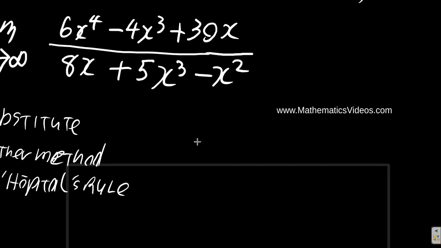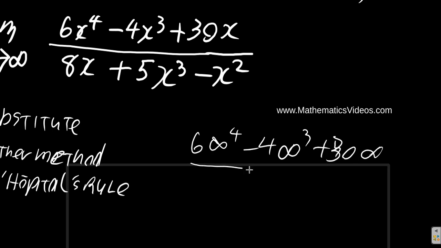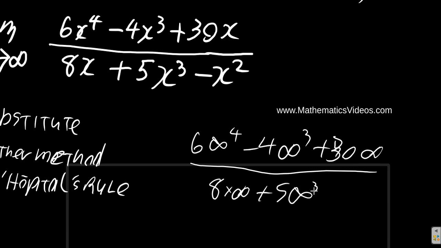We would have 6 times infinity to the fourth minus 4 times infinity cubed plus 30 times infinity, divided by 8 times infinity plus 5 times infinity cubed minus infinity squared.